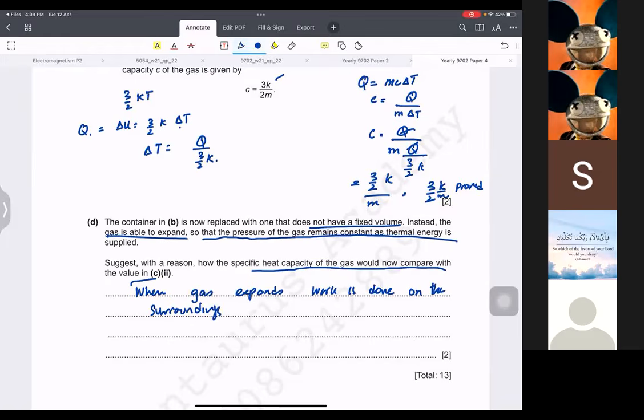So to raise the temperature, we need to supply a larger amount of heat.